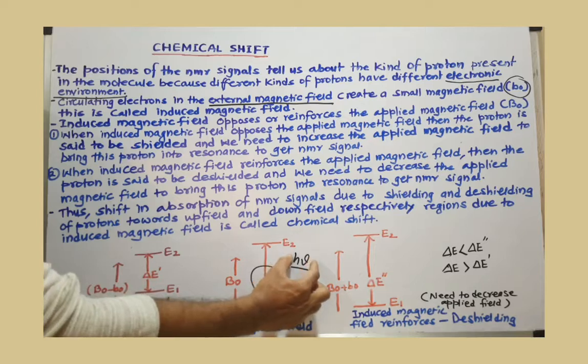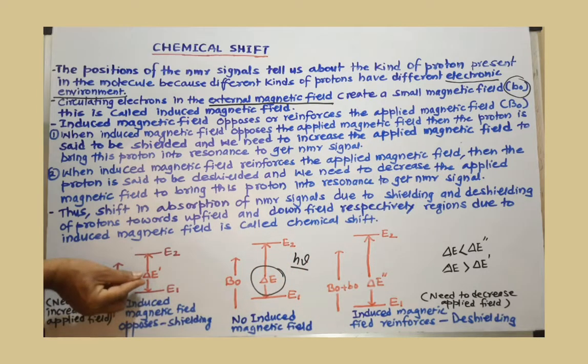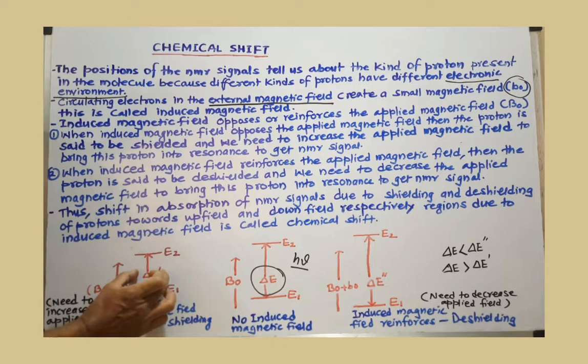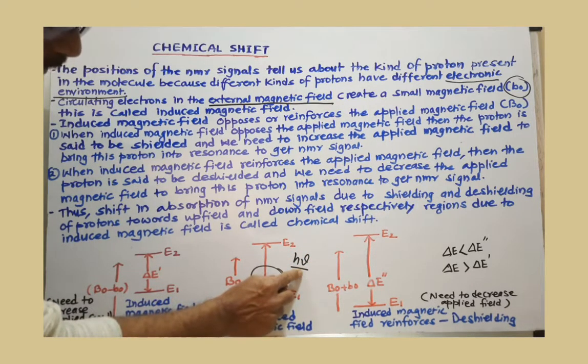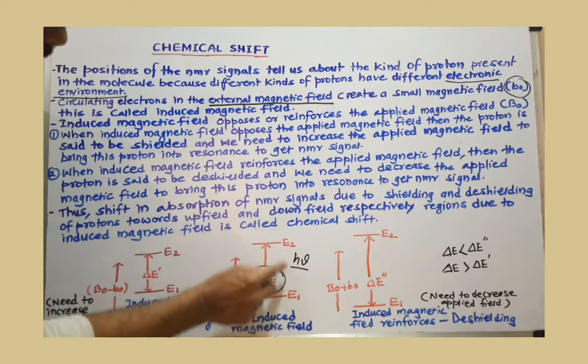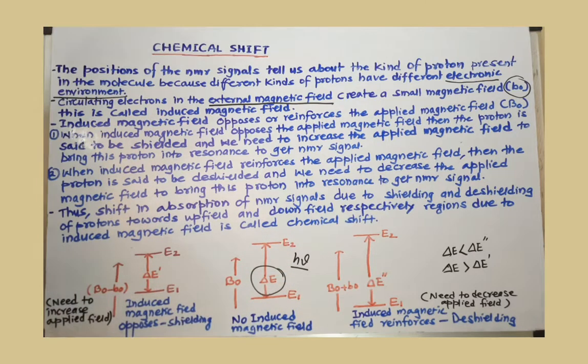Now h nu is constant, delta E is decreased, and as I mentioned earlier, according to the physics law, for the absorption this delta E must be equal to h nu. That means delta E must be equal to h nu to get absorption, or we can say the proton is in resonance.